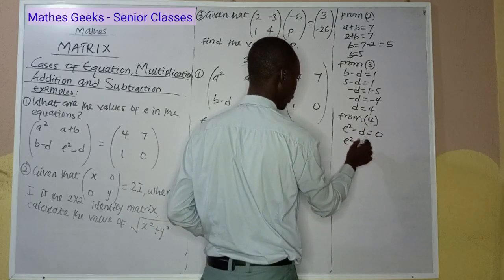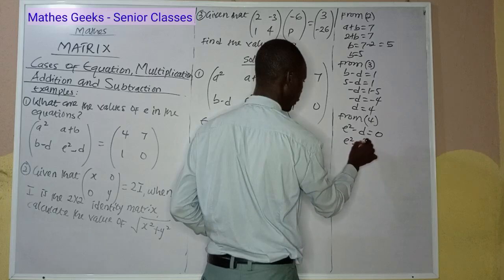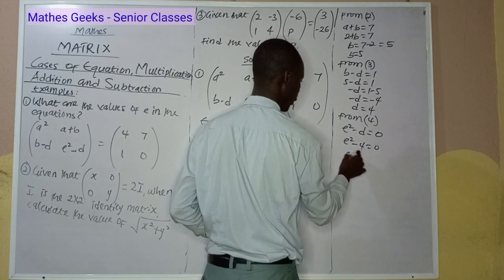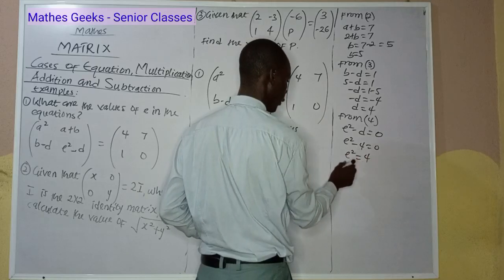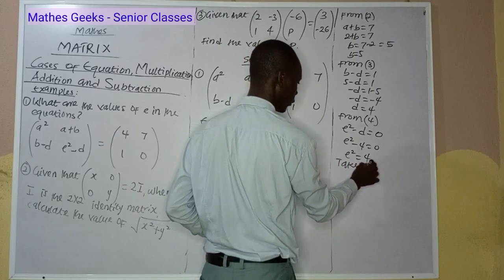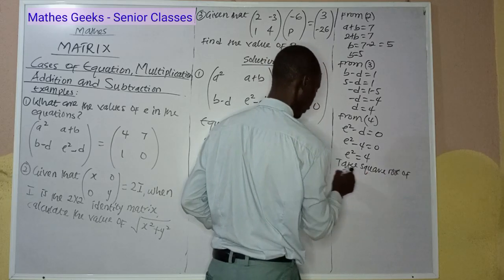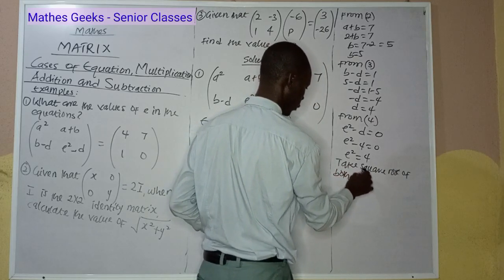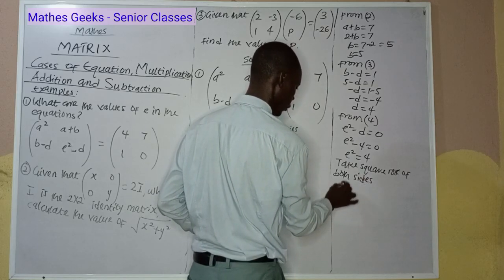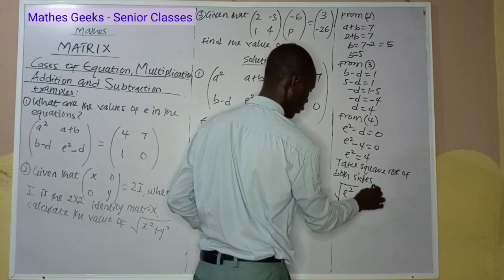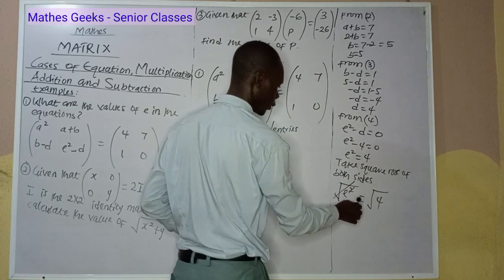So e squared is equal to 4 minus 0, so e squared is equal to 4. To get the value of e, take the square root of both sides. The square will cancel the square root sign.